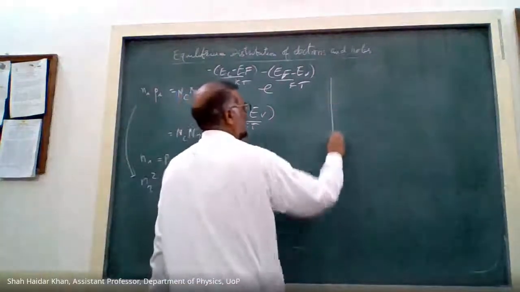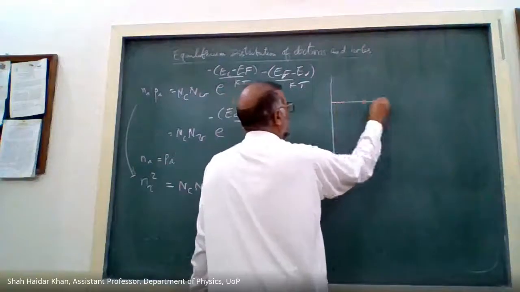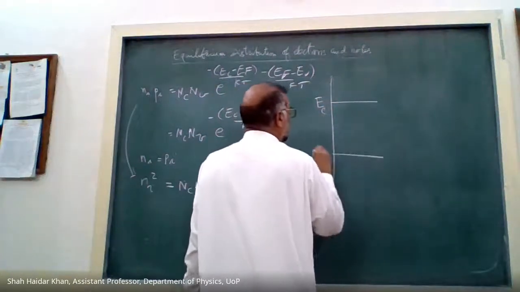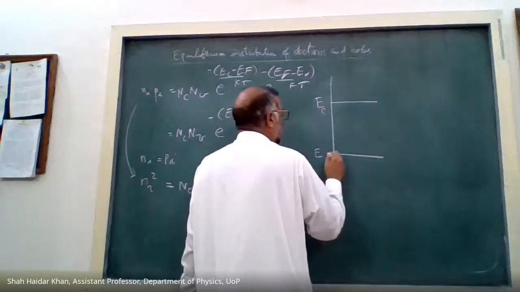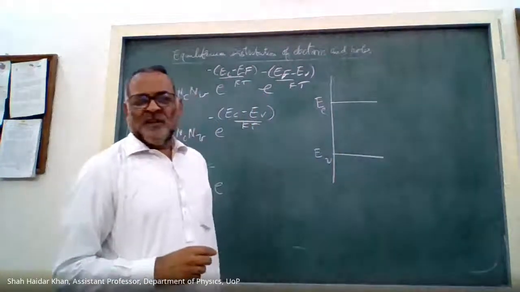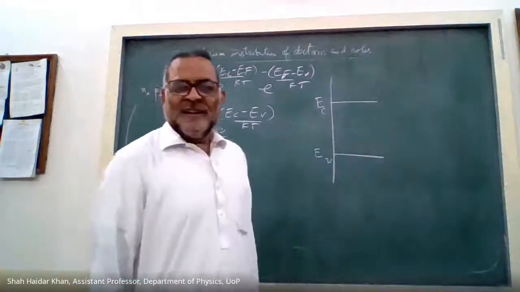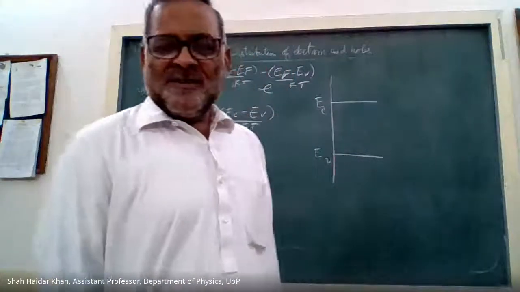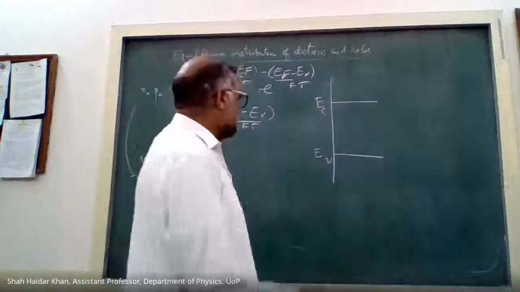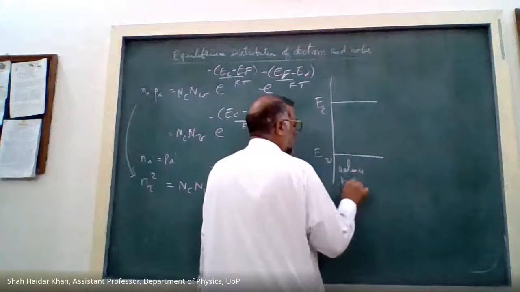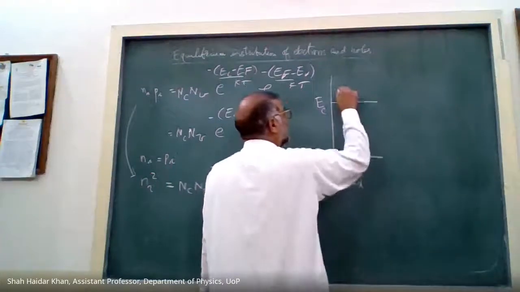This is EC, and this is EV, right? The difference of the conduction band bottom and the valence band top. That is the valence band. And that is the conduction band.